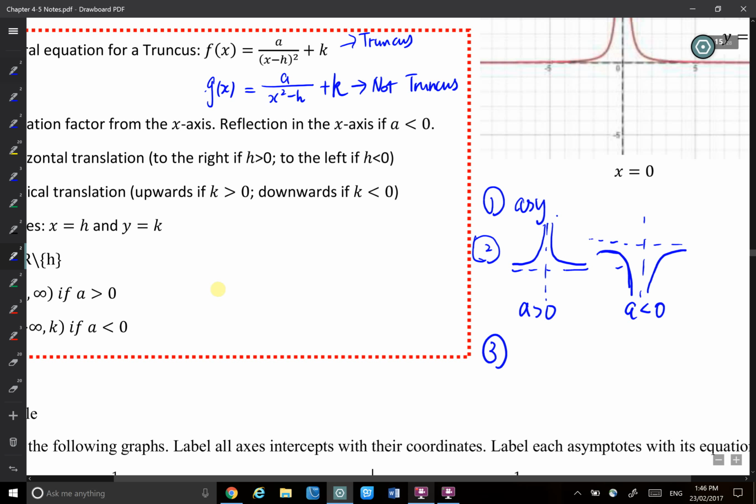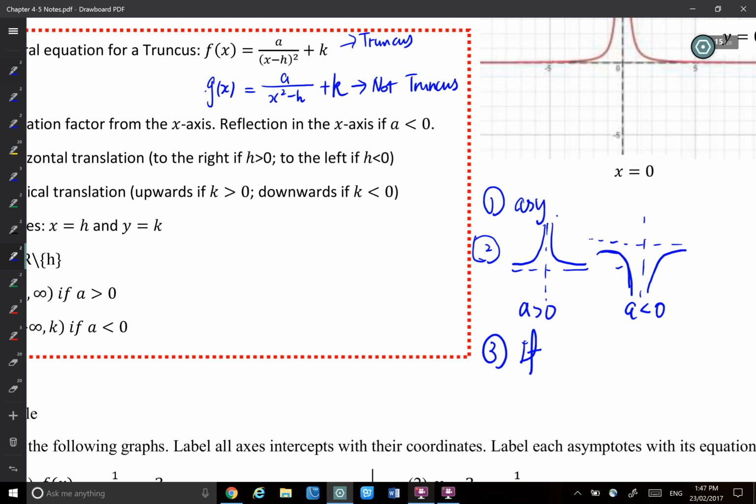Number 3. Not R minus, it is below the asymptote. What is the asymptote? That is the asymptote. So all the values below the asymptote.